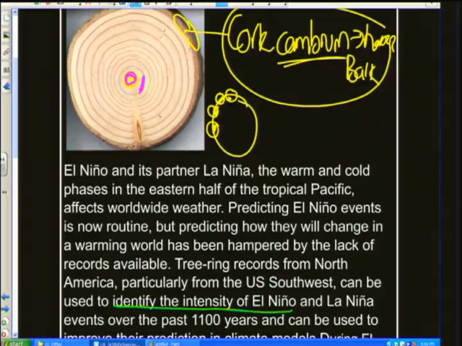The lightness is the growth during summer and spring. So from here to here is 1 year. That's my second ring, 1, 2. That's my third ring, 3, 4, 5, 6, 7, 8, 9, 10, 11 years old. Each ring, the gap in between, is a year.